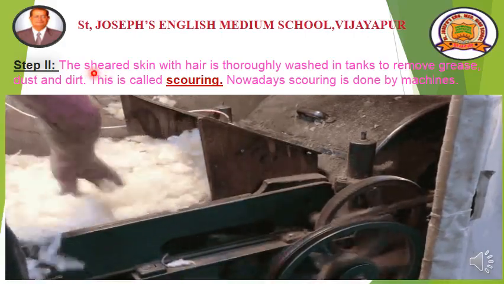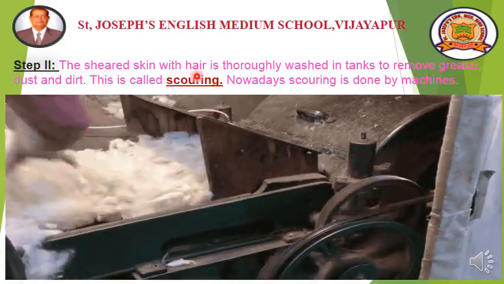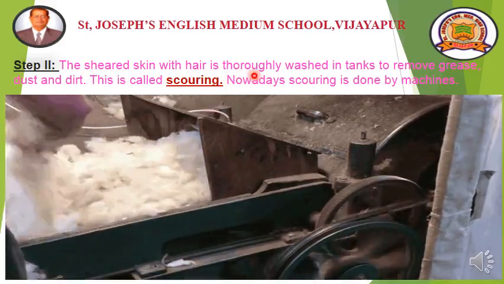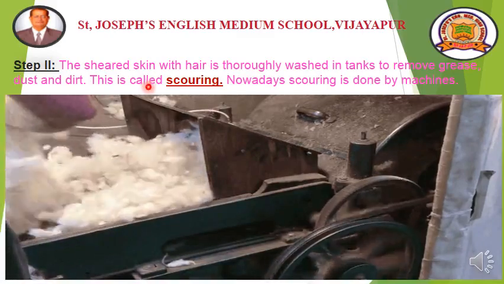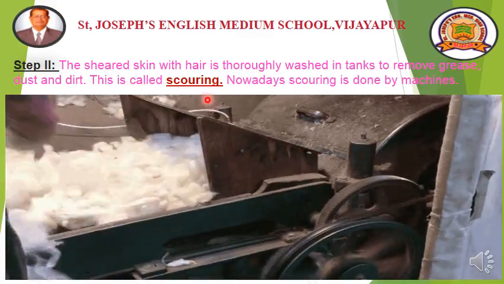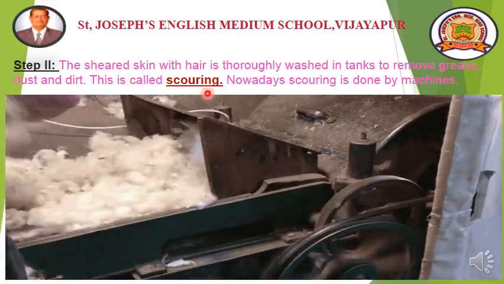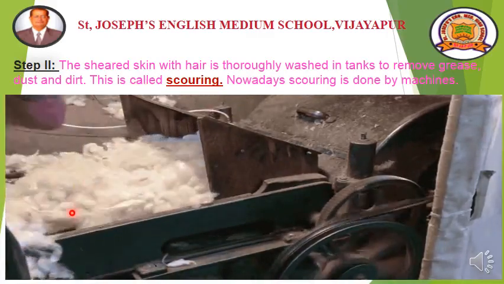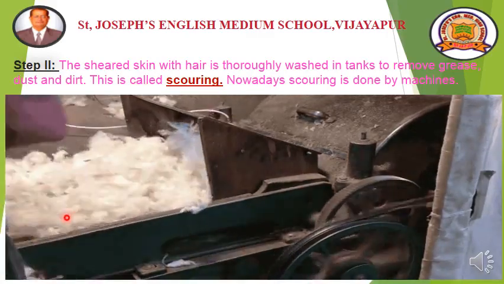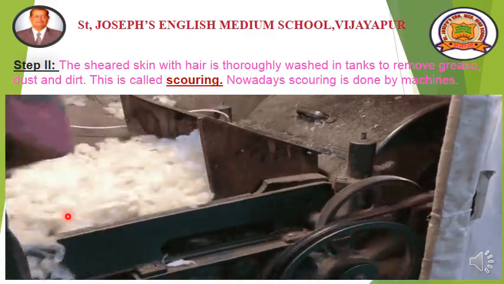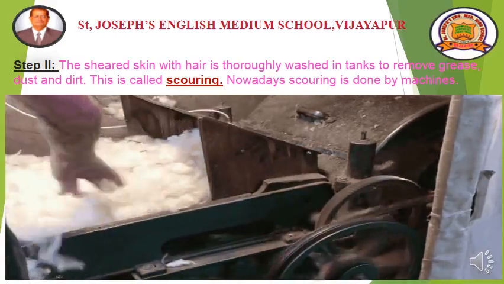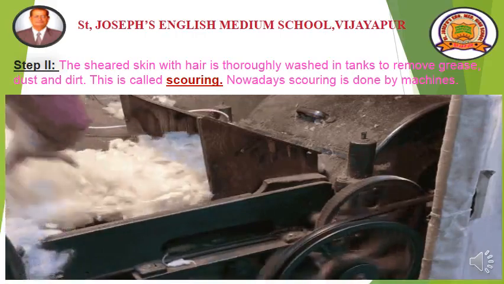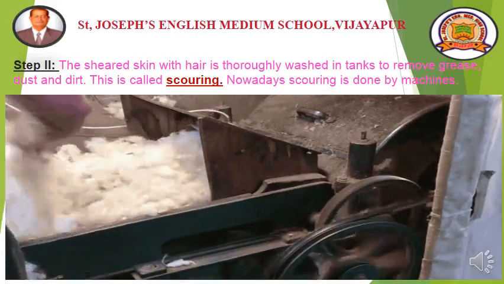The second step includes washing the hair roughly, to remove the grease, dust and dirt, and this process is called scouring. You can see here the hot water, along with which some detergent or something may be added, which helps to remove the dirt from the fleece.